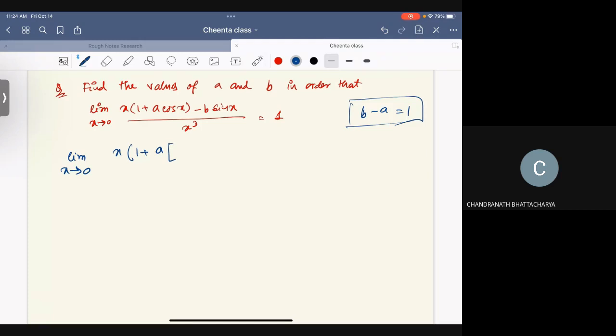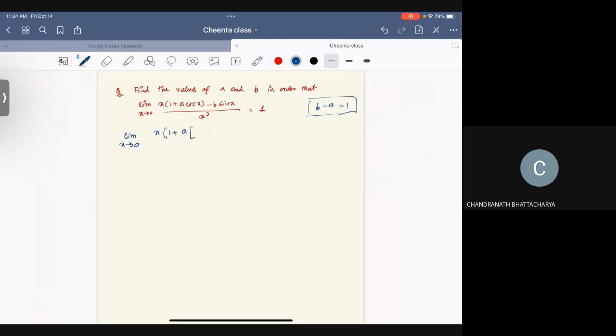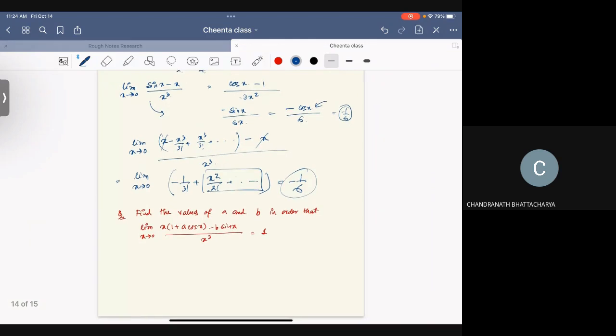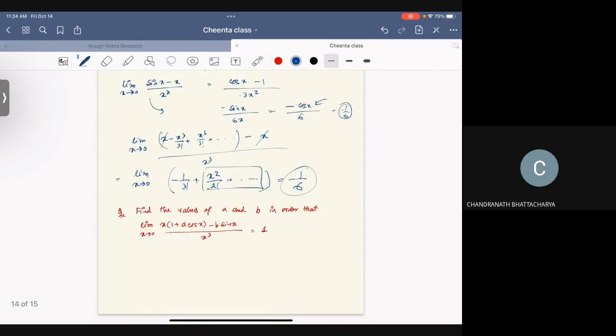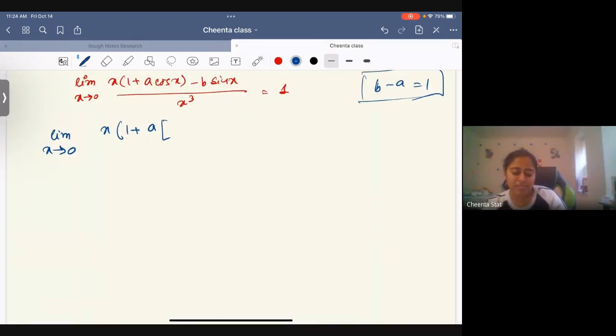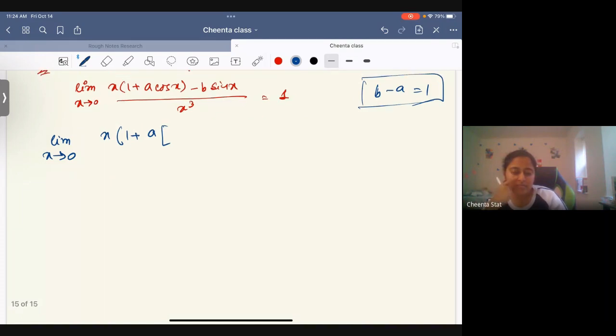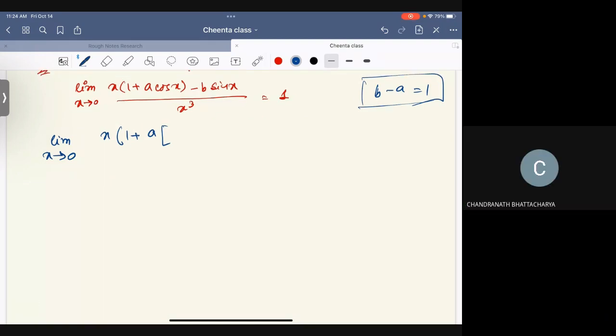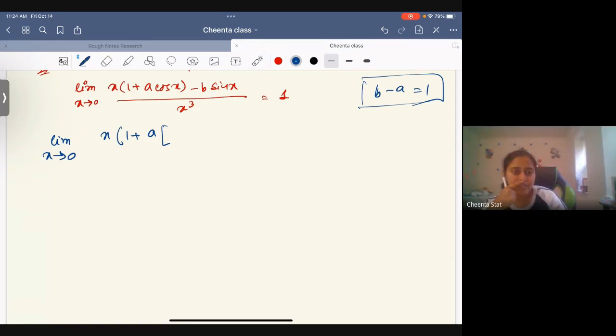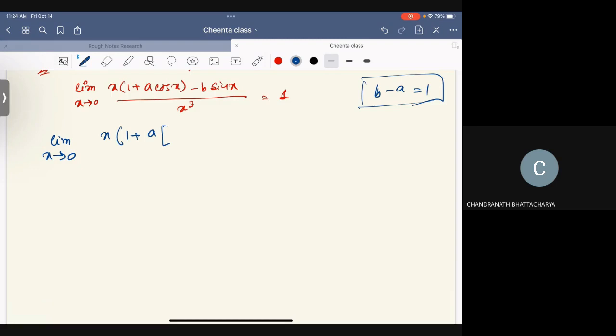Then we can get an equation which will be easier, I think. I have applied it 10 times. If the answer is a equal to 5/2 and b equal to 7/2. Ma'am, I have applied it, then I got this.